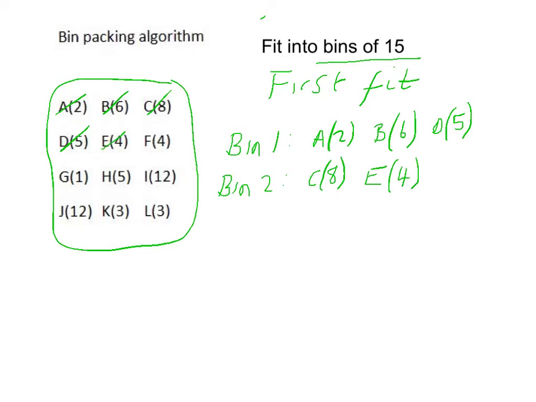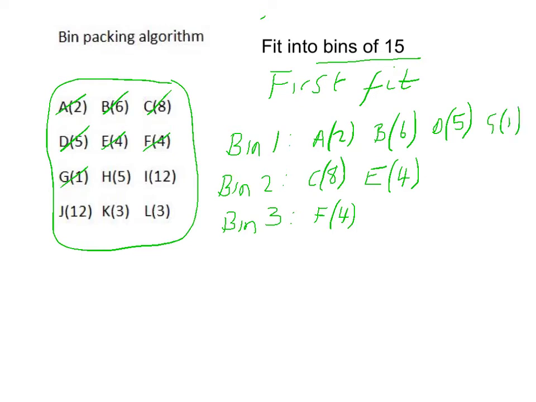Right, now up to F. Now F being of size 4, there's not enough space in bin 1 or bin 2, so we'll have to start a new bin. And F goes into bin 3. Now G is only of size 1, and if we look back to our first bin, we're currently up to 13, so we can fit G into our first bin.